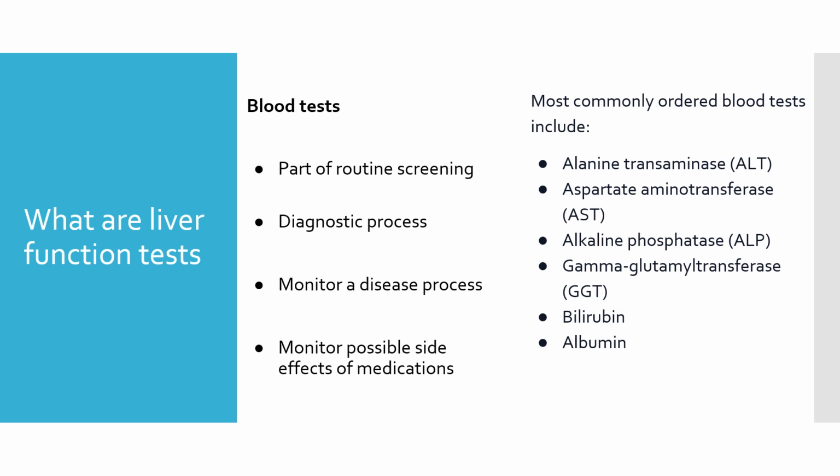But why do we look at them is another good question. So we assess LFTs to look at liver health basically. They can sometimes be done as part of routine screening for infections, whether that be hepatitis, a bacterial infection, or like a parasite, a little bit rarer. We do them here in medical oncology as part of our diagnostic process. They're normally done as a screening, but they're also done in pre-treatment.